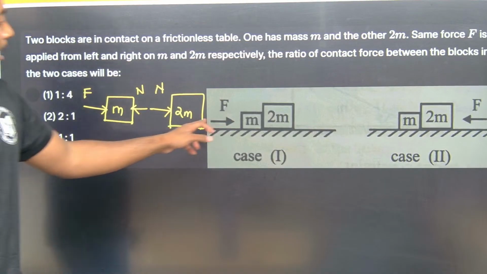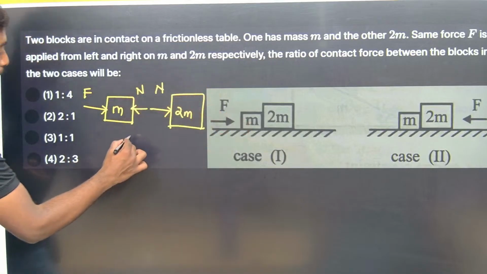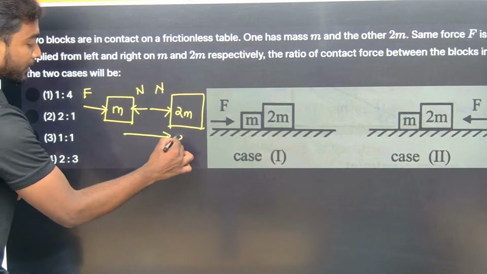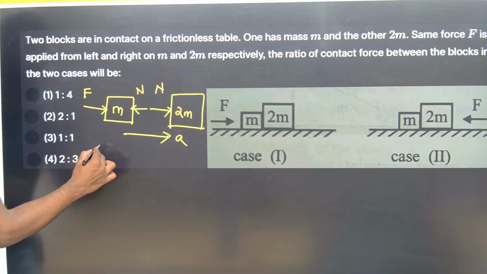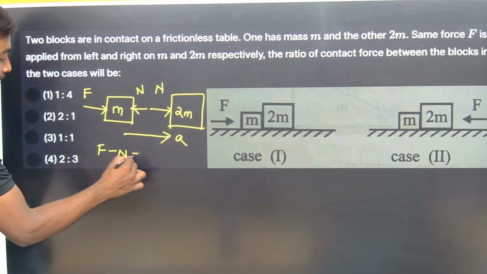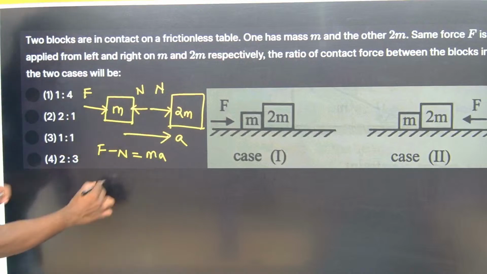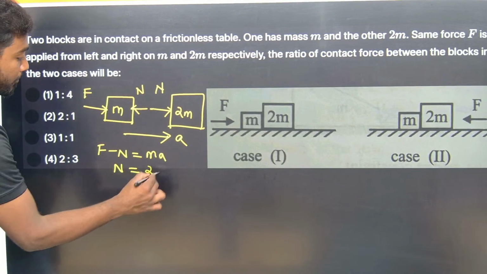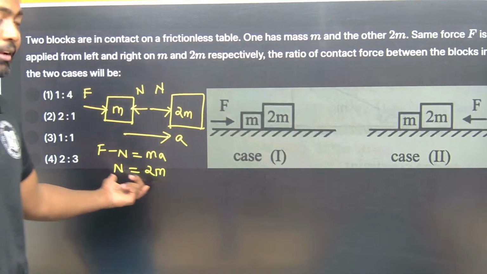Now F is applied from left to right, so the acceleration of the block will be from left to right. This is my acceleration of the block. So the equation will be F minus n is equal to m into a, and n will be equal to 2m a. No need to solve, I got n directly here.